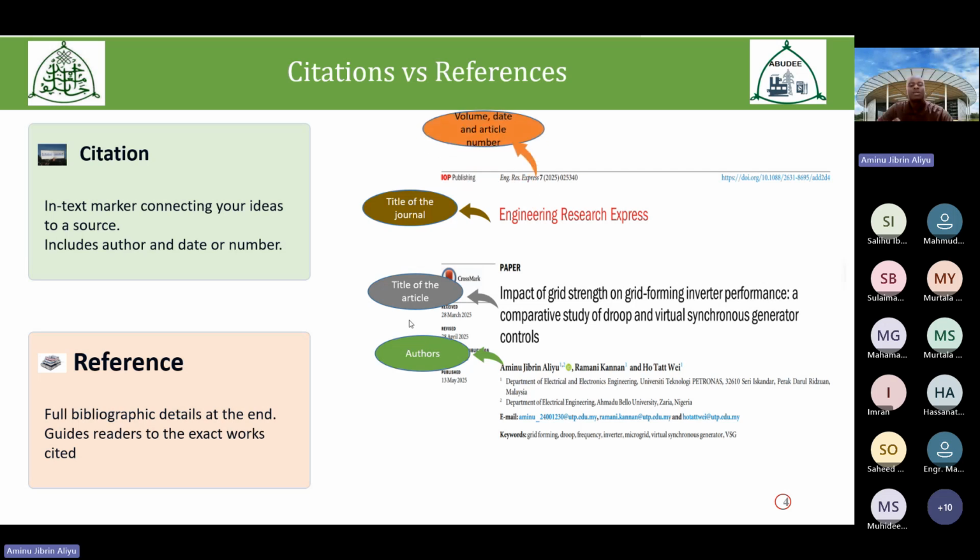Then we need to know the volume, the date, the article number, and in some cases, the page number, depending on the type of journal. Some journals use page numbers for their articles, while some use article numbers. And we also need to know the DOI, the Digital Object Identifier.